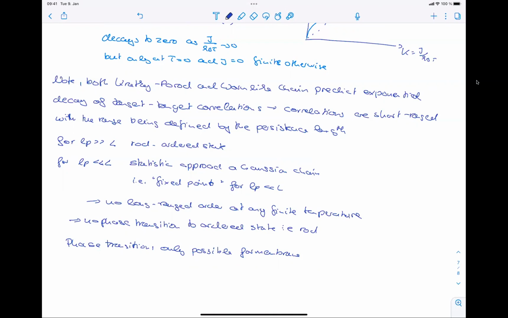For example, the best model of where the membrane is fully capturing the physics of a cell are your red blood cells. So your red blood cells are basically a semi-flexible sheet.